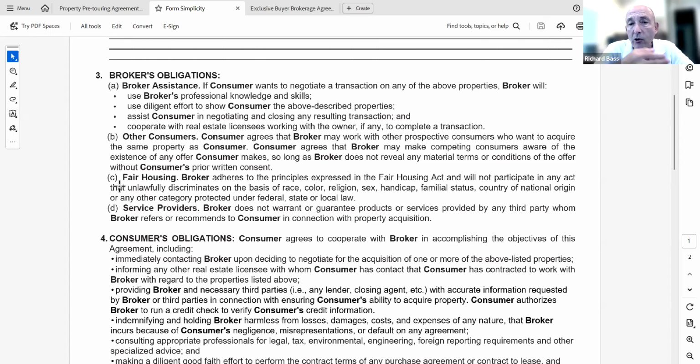You go down that road, you've broken the Fair Housing Act. The property is within walking distance of a synagogue or a church. Well, now you've broken the Fair Housing Act on 2 fronts. You can put close proximity to houses of worship. You are not being specific. You're talking about the property.